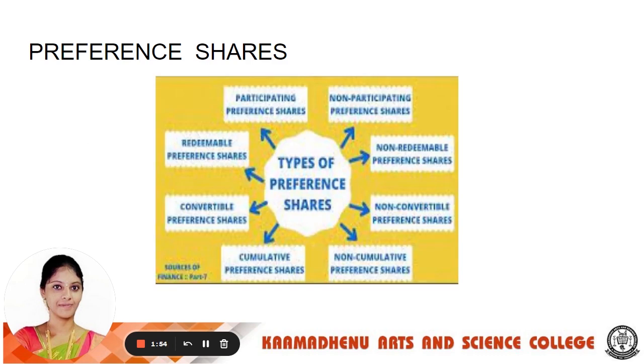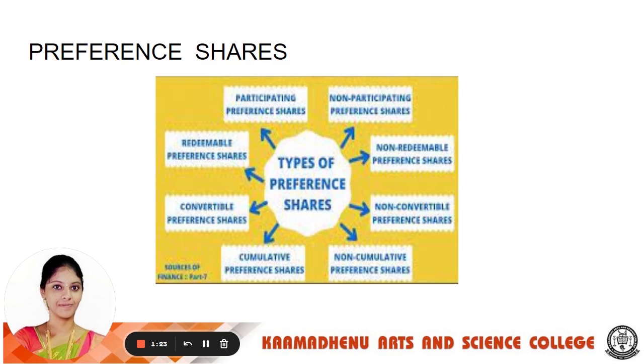Next, there are eight types of preference shares. First is cumulative preference, second non-cumulative preference, then participating preference, non-participating preference, redeemable preference, non-redeemable preference, convertible preference and non-convertible preference. The first one is cumulative preference shares, in which the dividend accumulates year on year if it is not paid for a particular year.